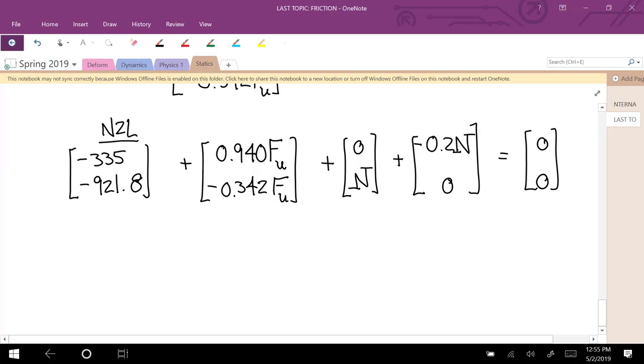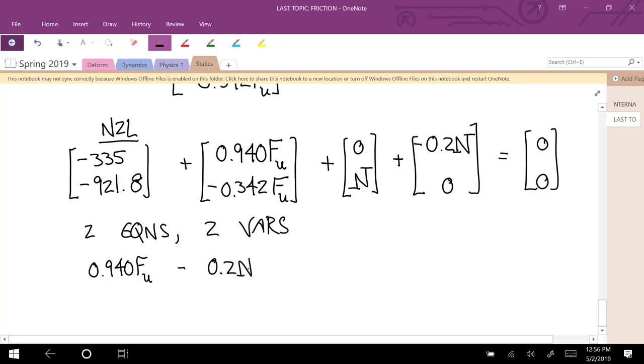And so we have a system of two equations for two variables. I'll write this as 0.940 FU minus 0.2 N is equal to 335.